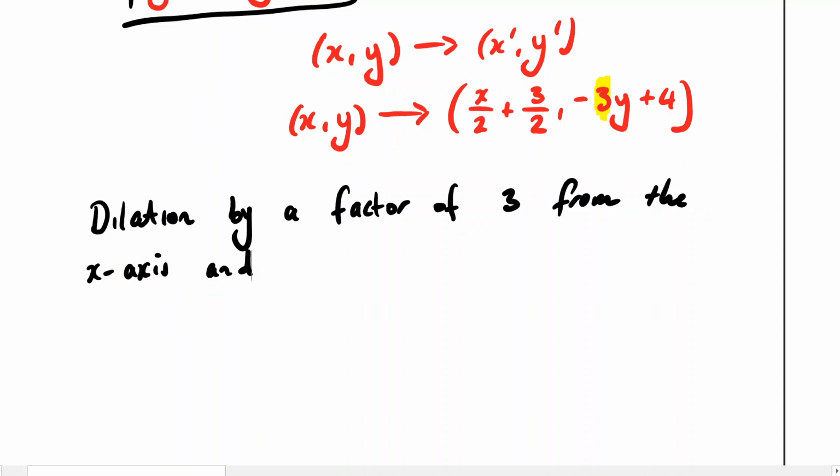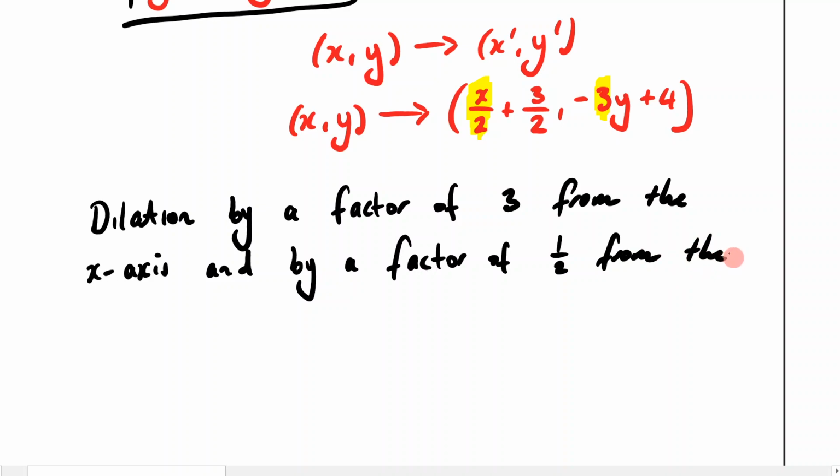What is the other dilation that I have here? It is over here. That's the same thing as timesing it by a half, and so a dilation by a factor of a half from the y-axis.